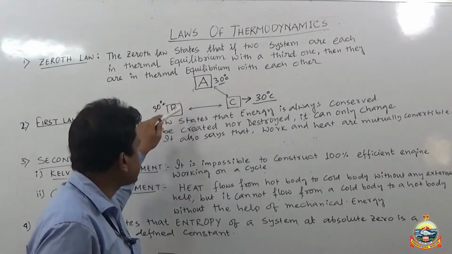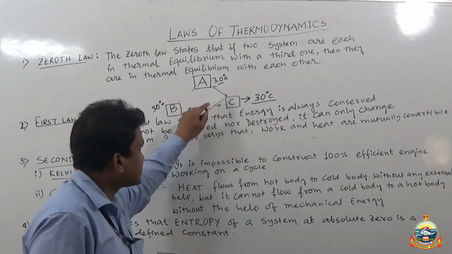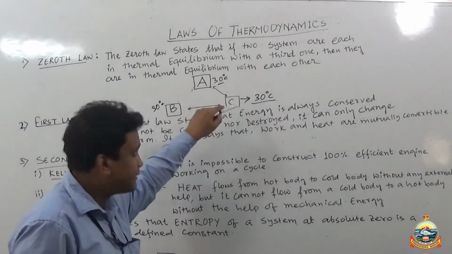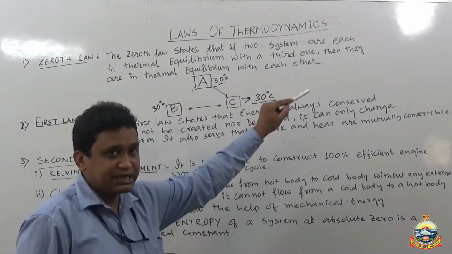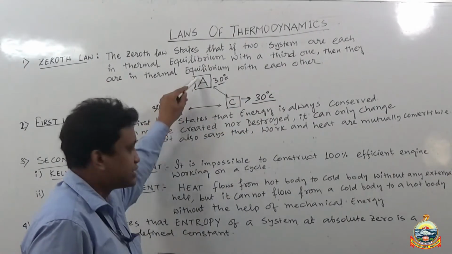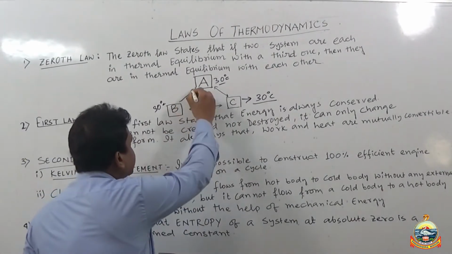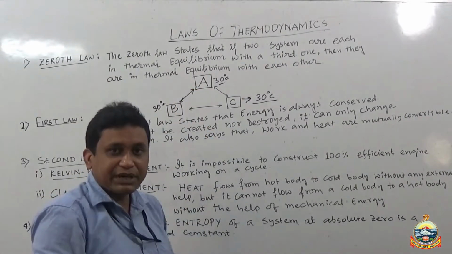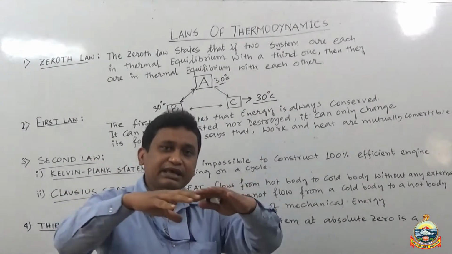If two systems A and B are in thermal equilibrium with the third one, meaning C, then they are in thermal equilibrium with each other, meaning their temperatures will also be the same.